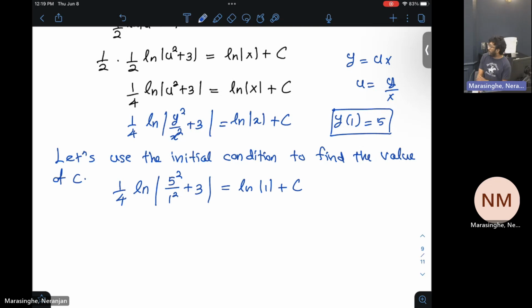I plugged x equal 1, and then y equals 5. So what do we get? ln 1 equals 0. I would get 1/4 ln 28 is equal to c. So c equals 1/4 natural logarithm of 28.